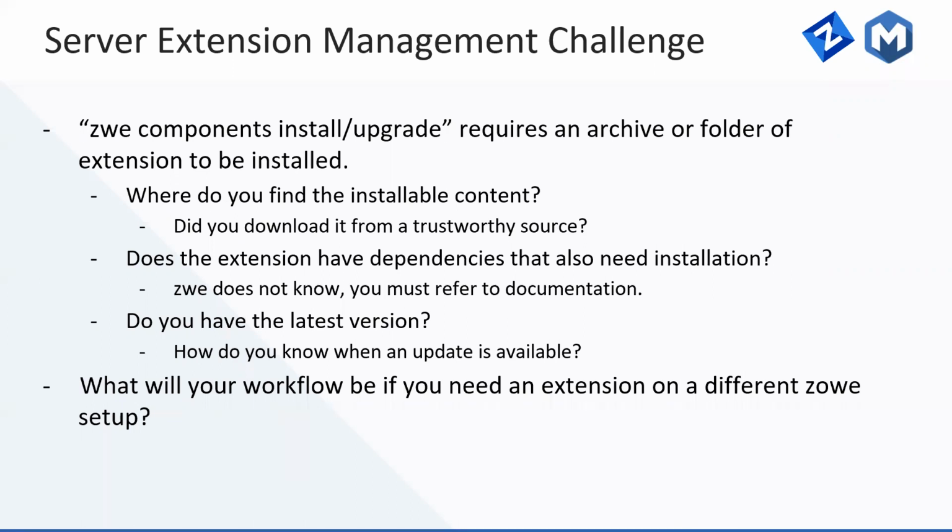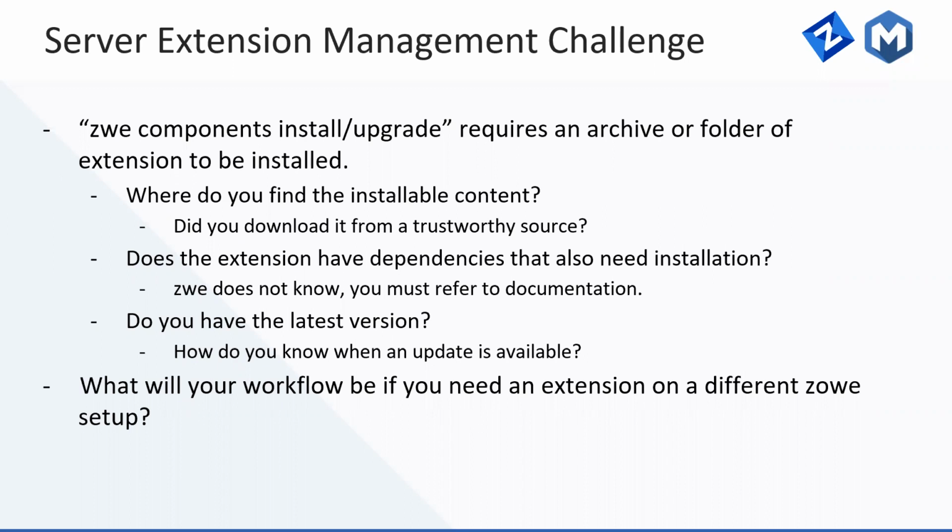So the second thing here is ZWE doesn't know whether or not the thing that you're about to install depends on some other extension. ZWE and the Zowe server component manifest doesn't have a notion of dependency tracking yet, but that is something that we're thinking about doing in V3.